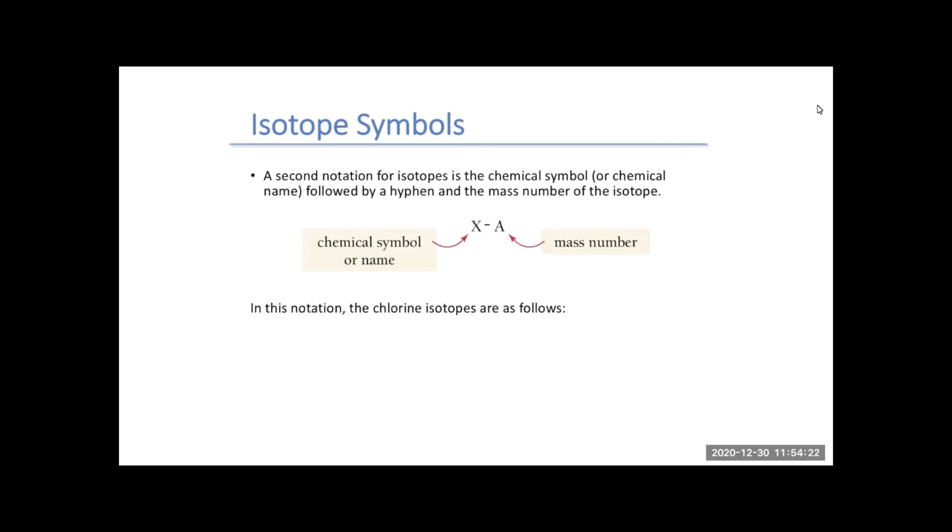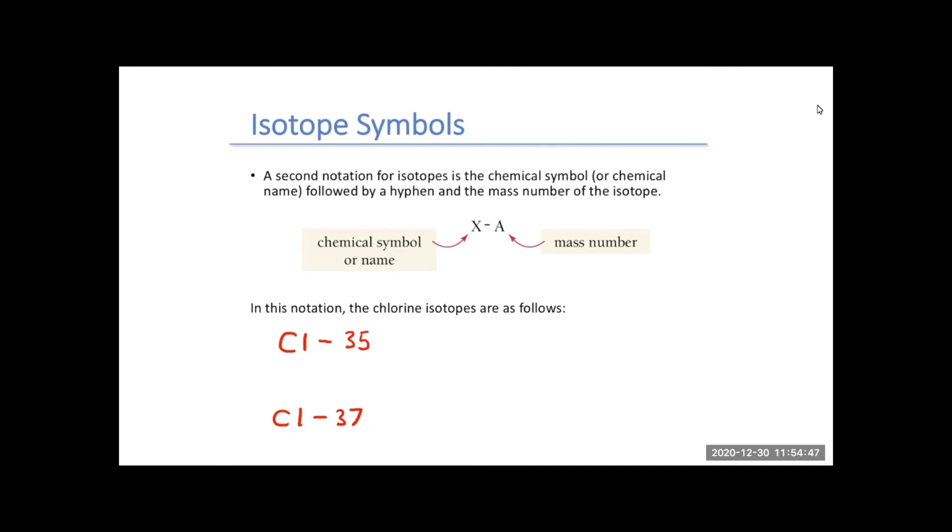So if we look at chlorine this time, for example, chlorine has the atomic symbol of Cl, and it consists of 2 different isotopes. Chlorine 35, where it has a mass number of 35, and then also chlorine 37, where it has a mass number of 37.